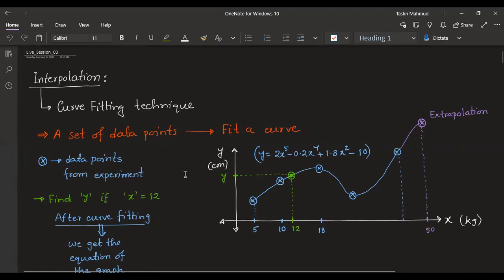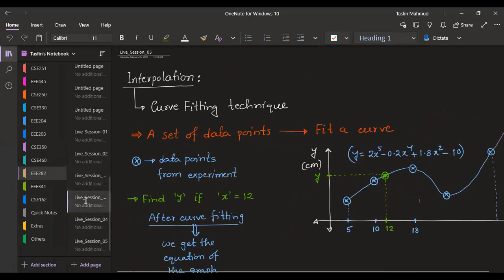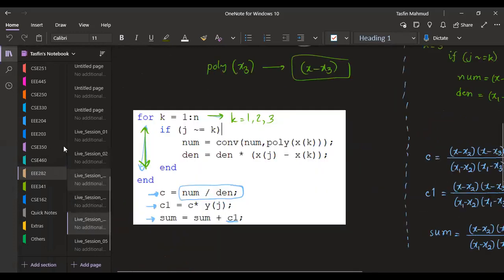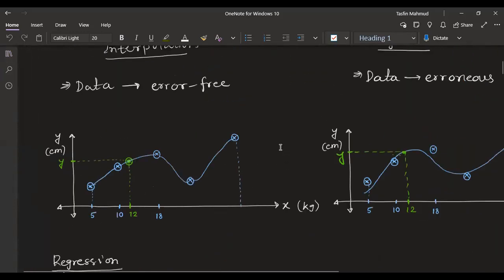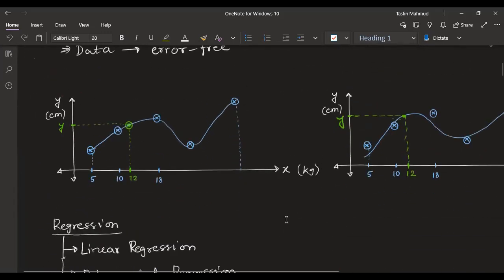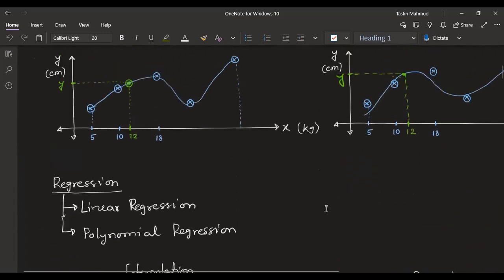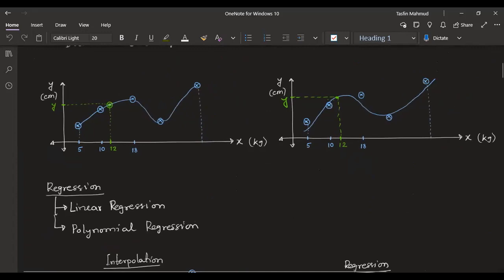In the case of interpolation, we fitted the curve exactly through the points, right? But in the case of regression, we did something different. Here was the comparison. In regression, we tried to fit the curve in such a way that our error gets minimized.